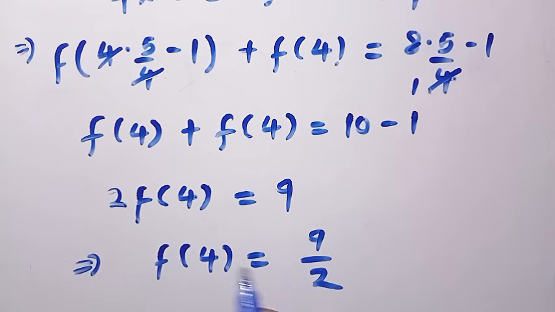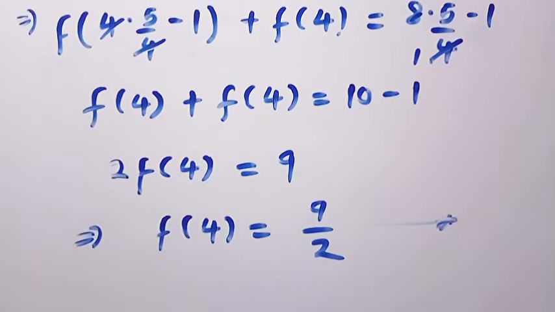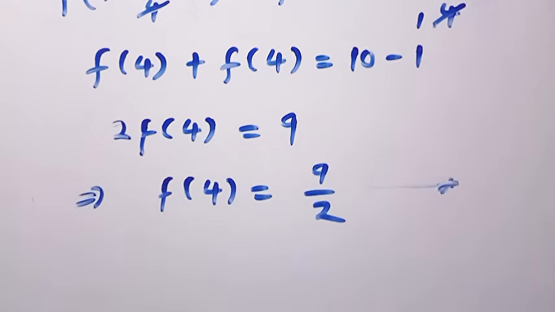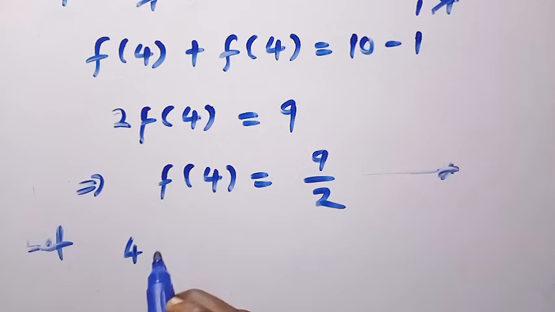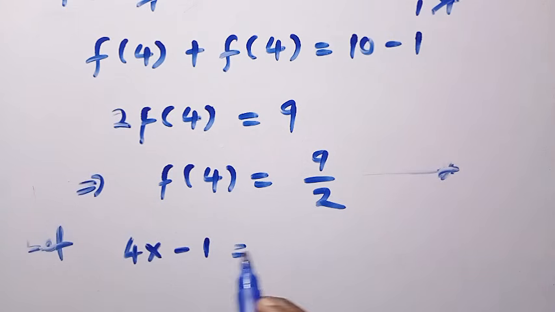And this same f of 4, in the second method I'm going to be applying, we are going to make use of. So let's note this down. Then after getting f of 4, let's again let 4x minus 1, which is the domain of the first function, be minus 4 as well.